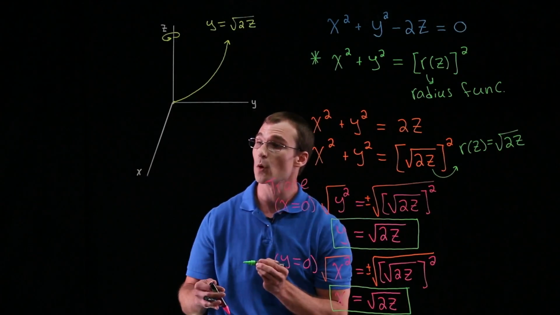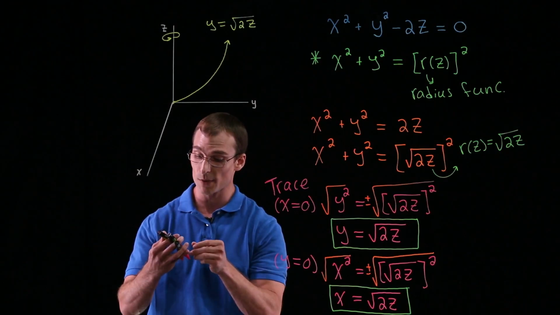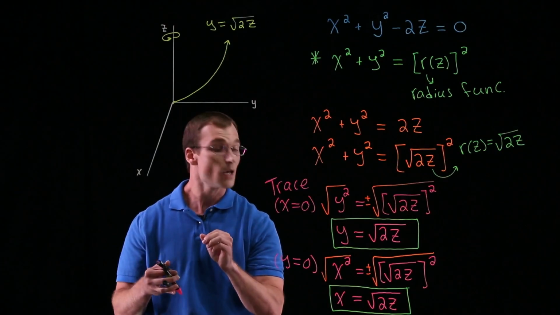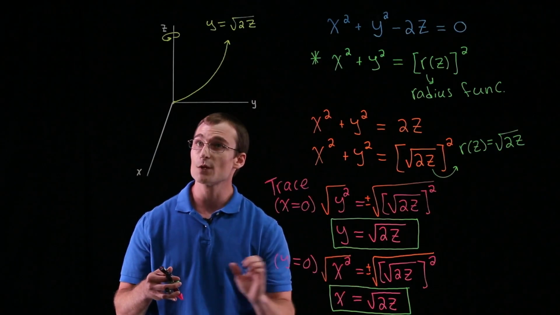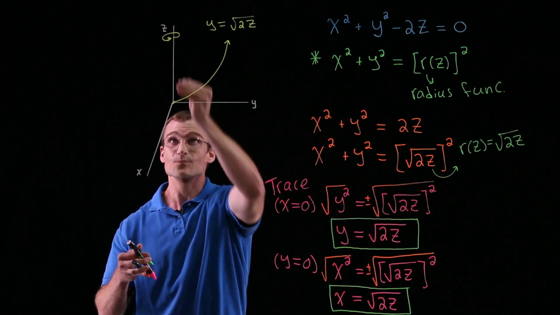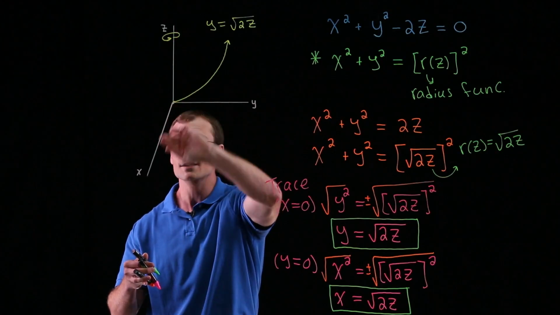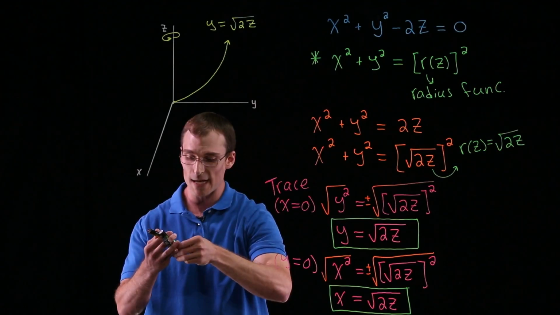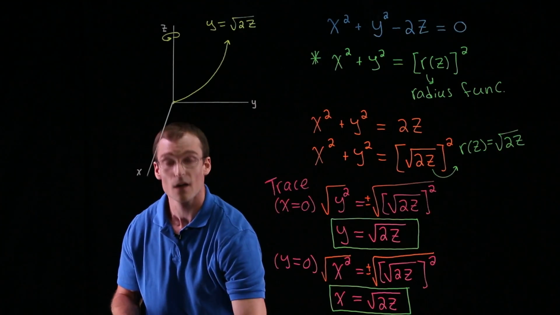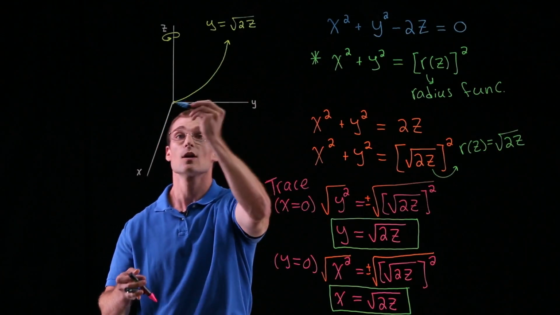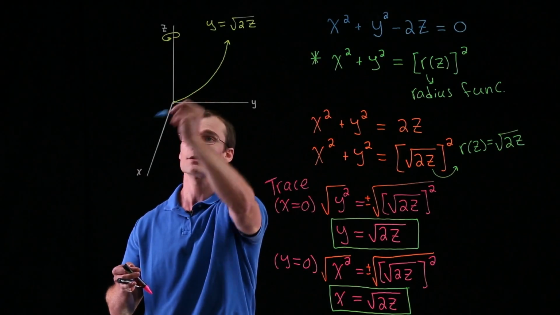If we look at that in our plane, sketching the generating curve, x is equal to the square root of 2z. Z again is the independent variable, and x is our dependent variable. So we're going to have the exact same curve we have here, but projecting out in our xz plane.